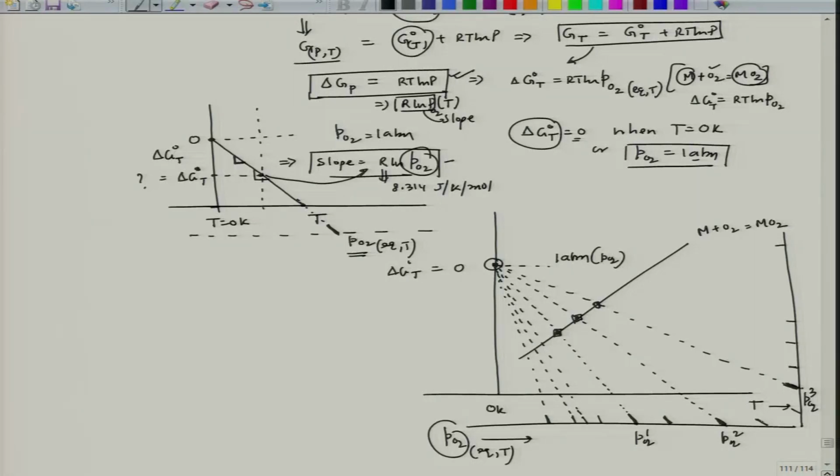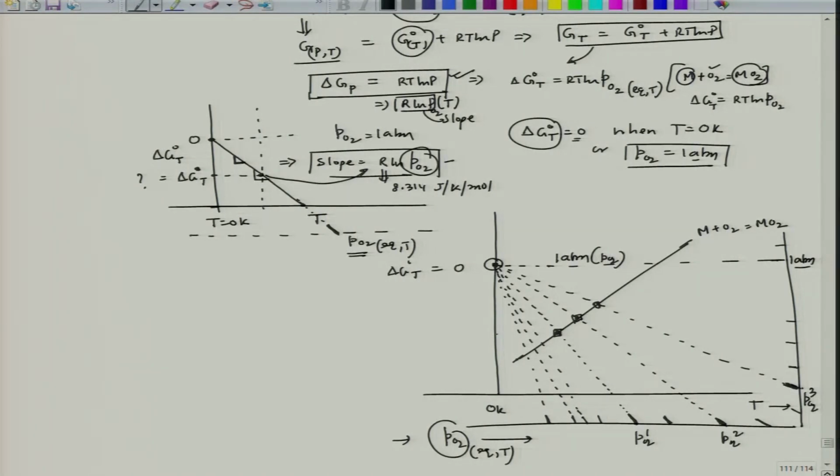Those lines indicate the equilibrium PO2 at the temperature where this line cuts the oxidation Ellingham line. Okay. So, this point indicates 1 atmosphere, fine. That way the scale has been generated without doing calculation.